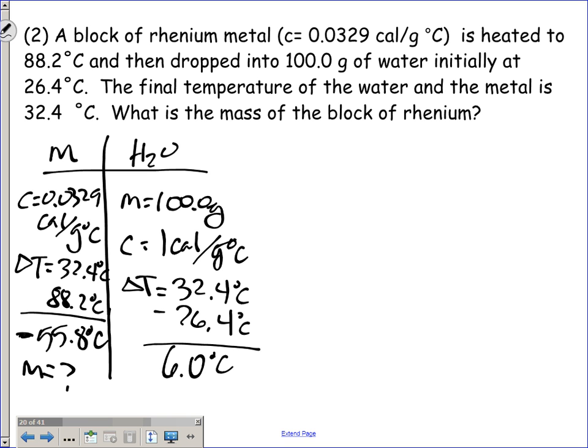And so we got the mass of water to be 100. The question is, what's the mass of the metal? Are you comfortable setting up from here? What's the equation, Jake? M of the metal. Okay, so you're already going ahead. Tell me the last part of the setup. I'm good with that.